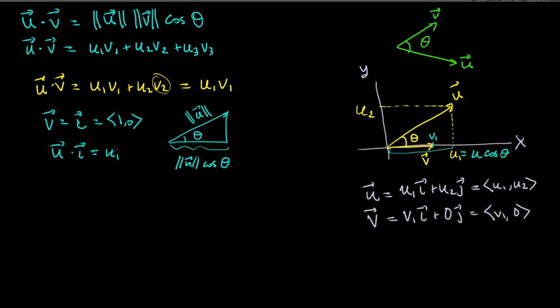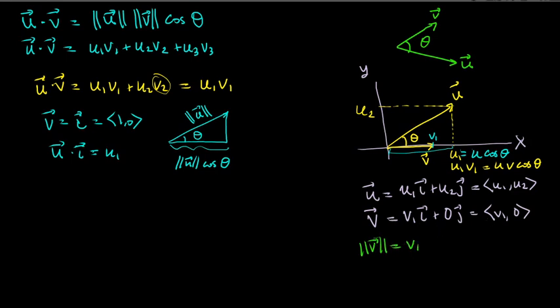So if v is not 1, then you have to multiply by it. So then you get u1 times v1, which is the magnitude of u times the magnitude of v times the cosine of theta. Is that clear? Because if I take the magnitude of v, it's just v1.